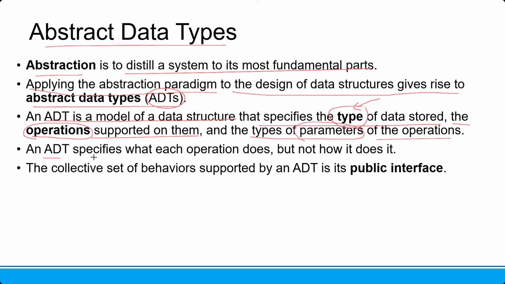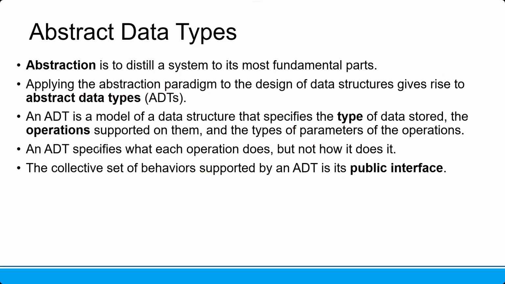An ADT specifies what its operation does, but not how it does it. This is something that we will learn more about later. The collective set of behaviors supported by an ADT is the public interface. I think we will check more later about what the public interface is.